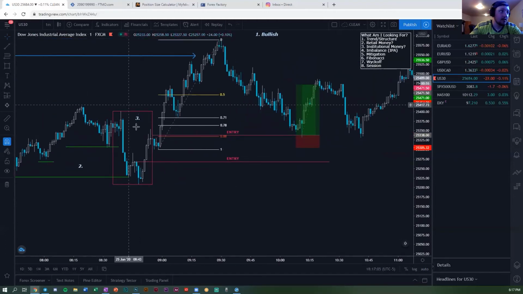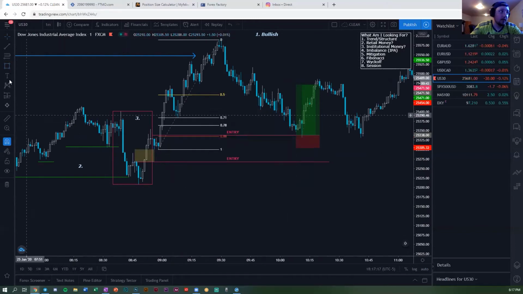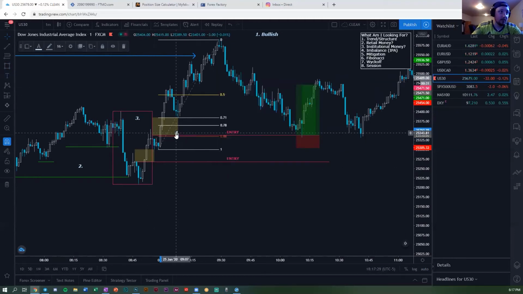There it is. So number 4, we got imbalance. So I have imbalance here. And we also have, take it off that wick, we have imbalance here. So those yellow boxes are my labels for imbalance.